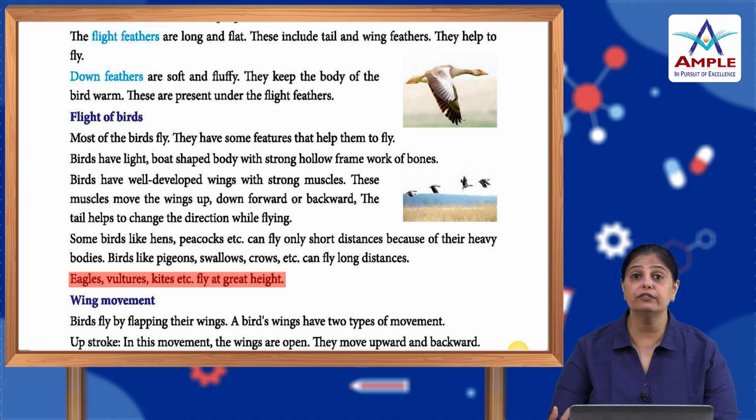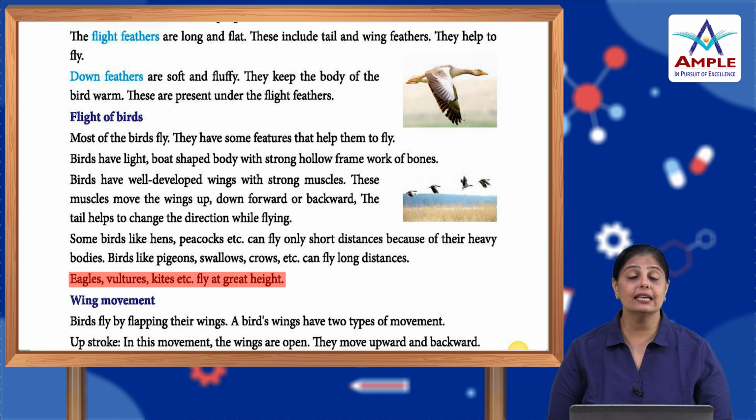They have well developed wings. The wings are very well developed. They have strong muscles, and these muscles help the wings in the movement, moving up, down, forward, backward. All this movement is controlled by the muscles. Now the tail, it helps in changing the direction while flying.